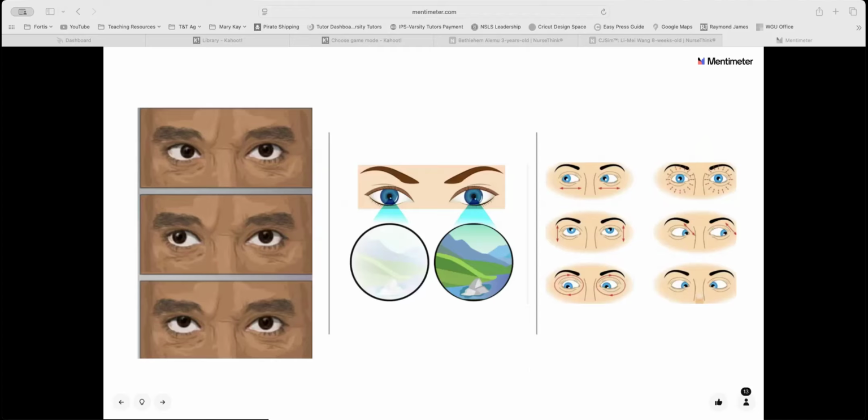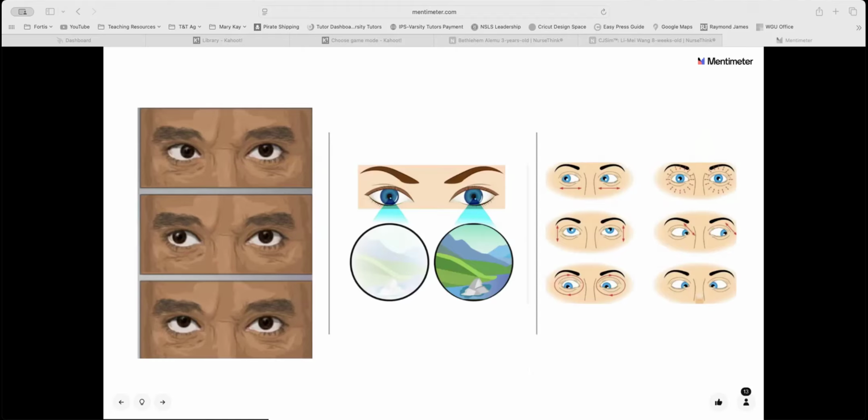So not only do we have light disorders, but we also have movement disorders. If we look at our picture over on the left-hand side, we've got one eye that is focused straight ahead and one eye that's kind of wandering off. Which condition is that? Yep, that is our lazy eye.